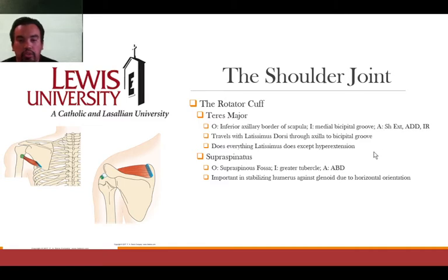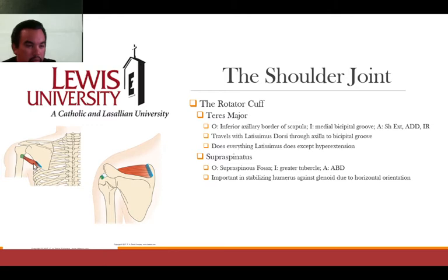Its actions are shoulder extension, adduction, and internal rotation. It travels along the latissimus dorsi through that axilla to the bicipital groove, and it does everything the latissimus dorsi does except hyperextension. Okay, so you see that little guy right there, and it just helps kind of jumpstart everything.